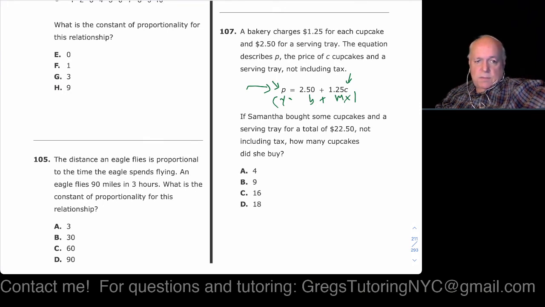The cost is equal to $2.50, the price for the serving tray, plus $1.25 times the number of cupcakes. We're just trying to feel out the expression and understand it.